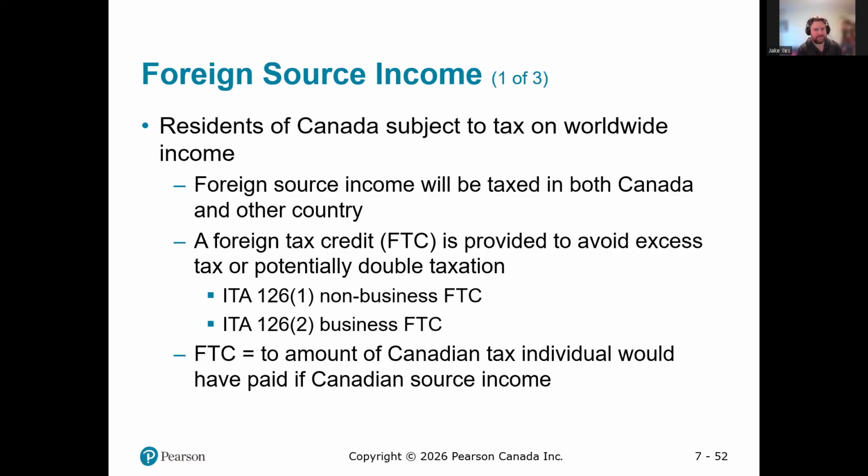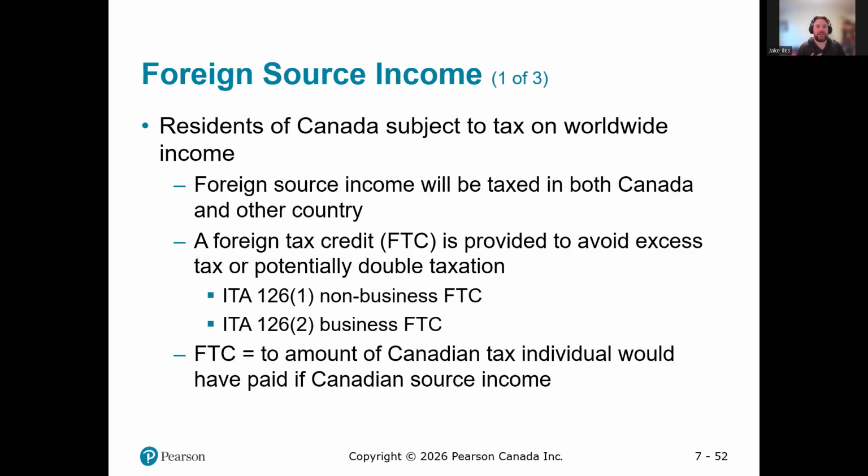The tax credit will never be more than what you would have paid in Canadian taxes. Canada calculates your taxes owing, also known as tax otherwise payable, and then you get a credit for what's already been paid to another government. Let's say Canada was going to tax you 20%, but the US taxed you 25%. They're not going to give you the full tax credit because Canada was never going to receive that 25%.